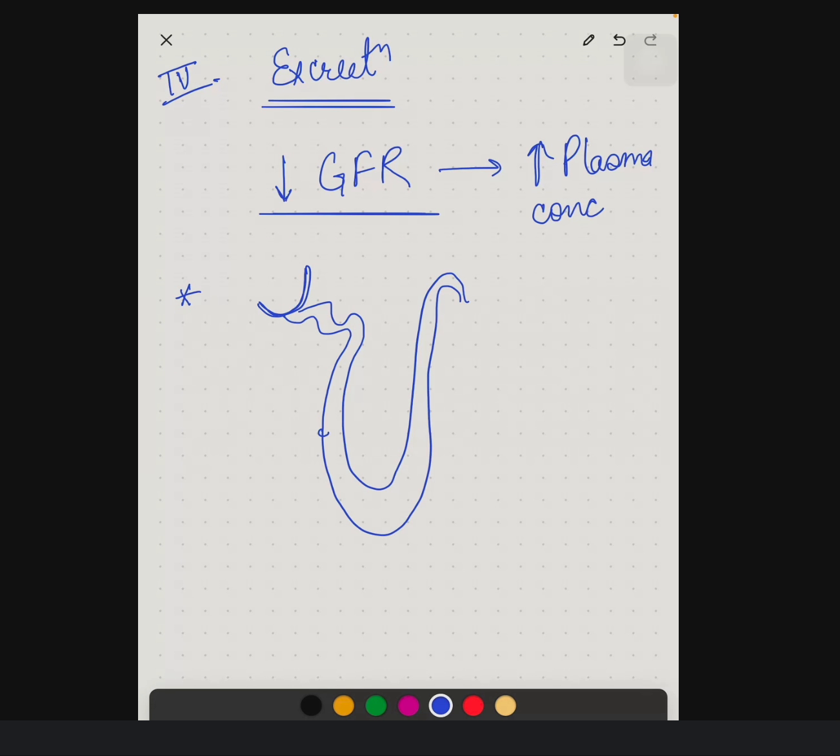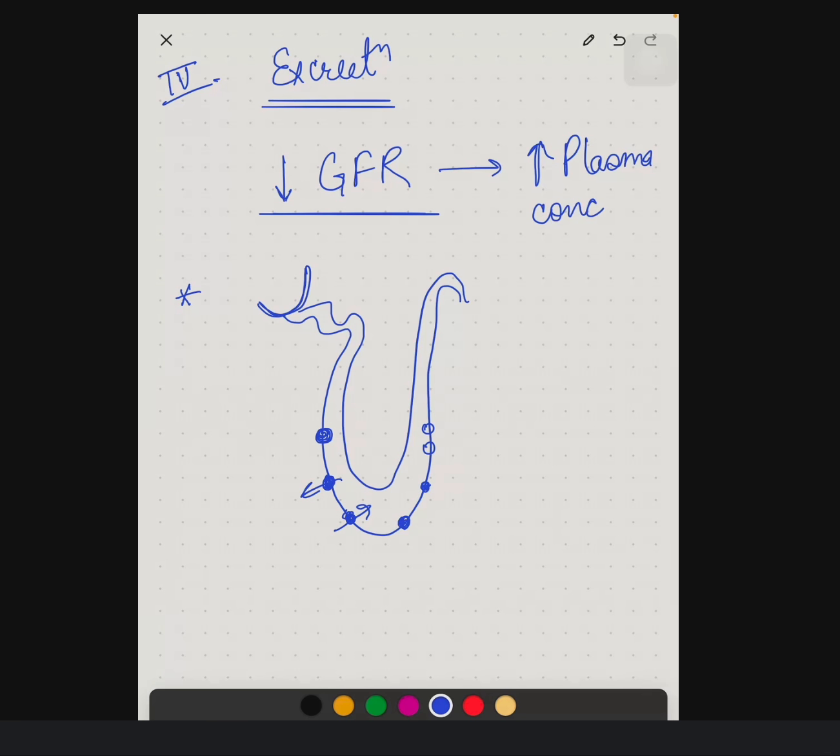These nephrons have certain channels here, that is why they do absorption and excretion. Certain compounds have affinity towards these transporters. So, some interactions are due to competitive binding to these tubular transport systems.